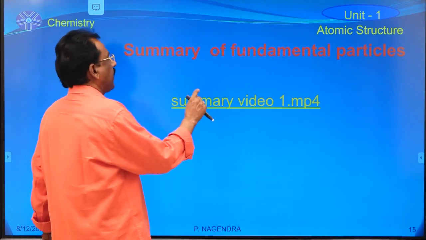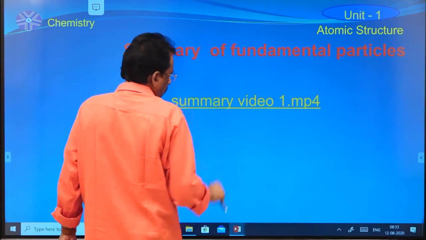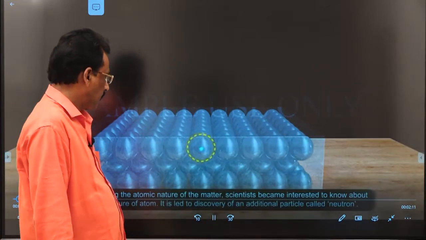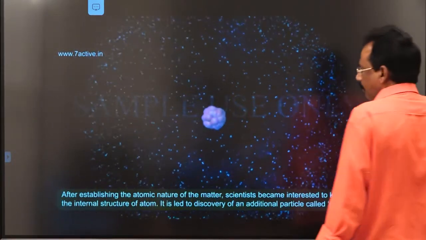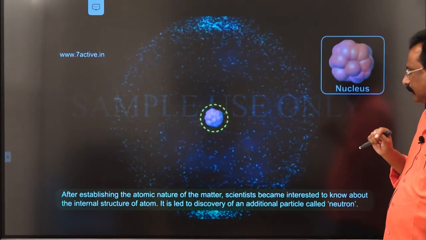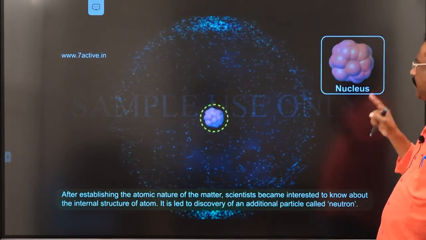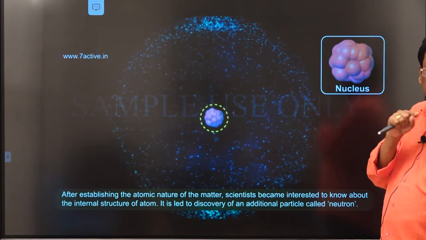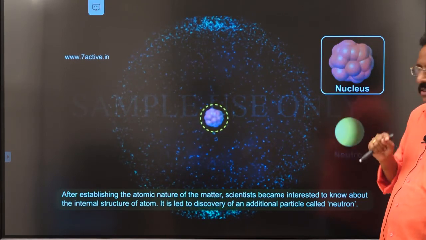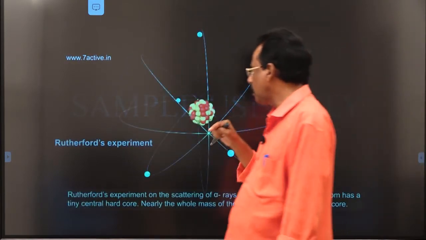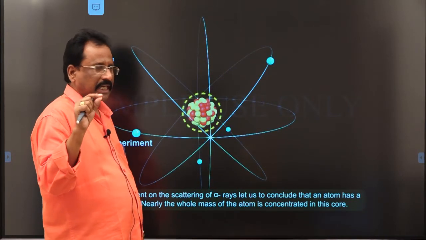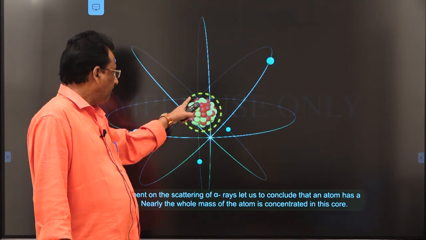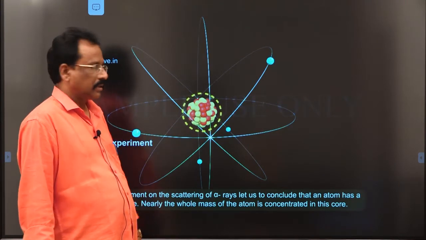Now the final conclusion about the three fundamental particles of an atom is like this. See here, it is already known to you in the lower classes, according to Rutherford's alpha particle scattering experiment, each and every atom has a nucleus.